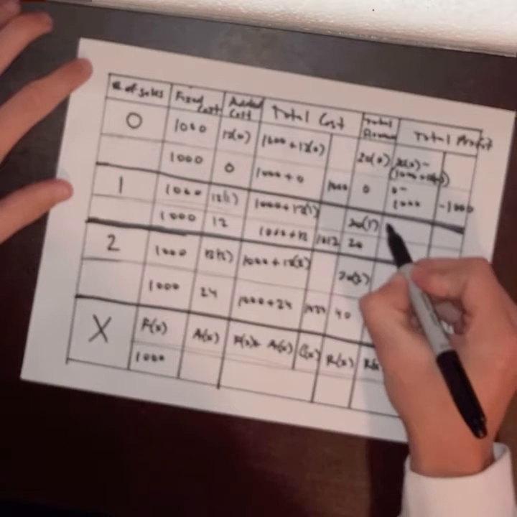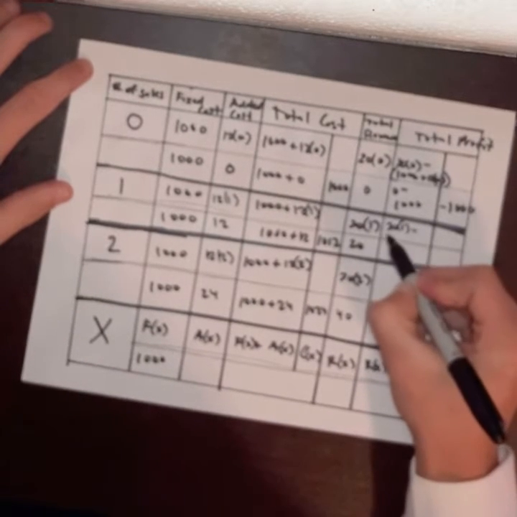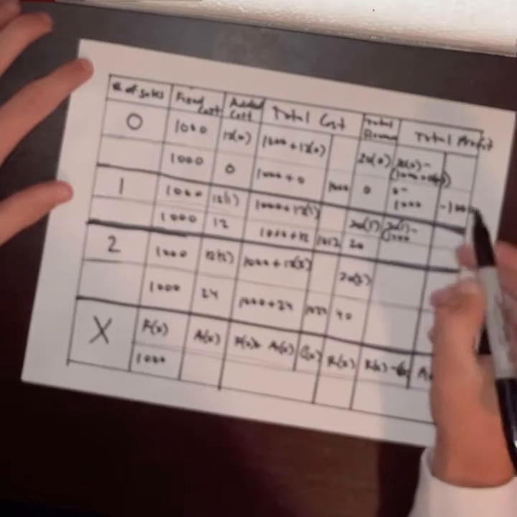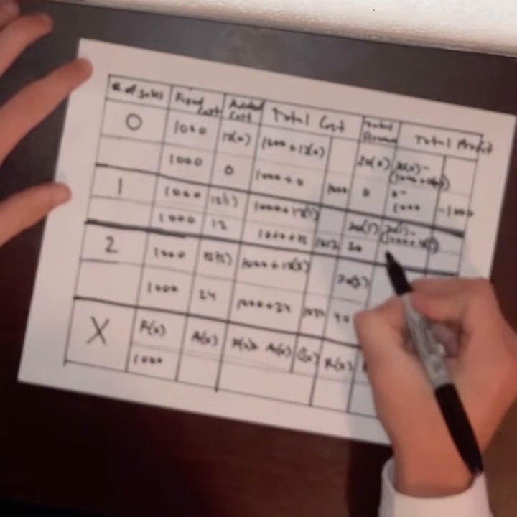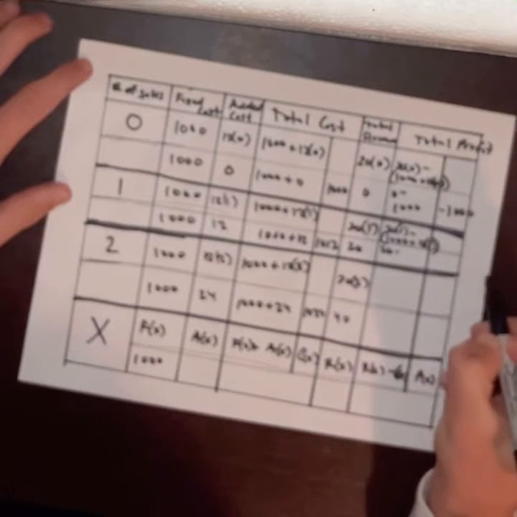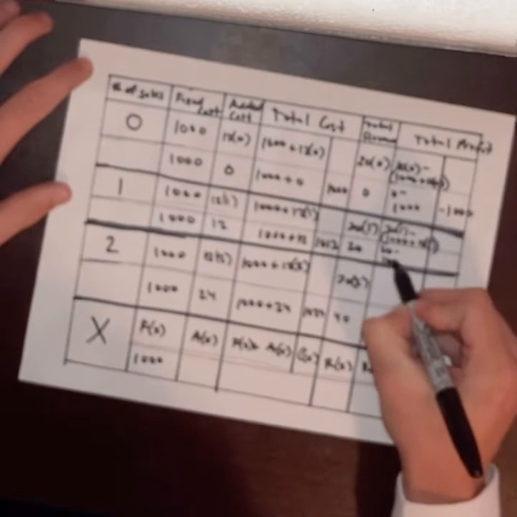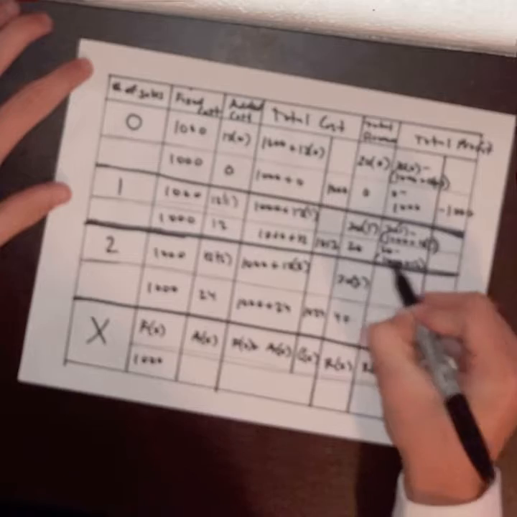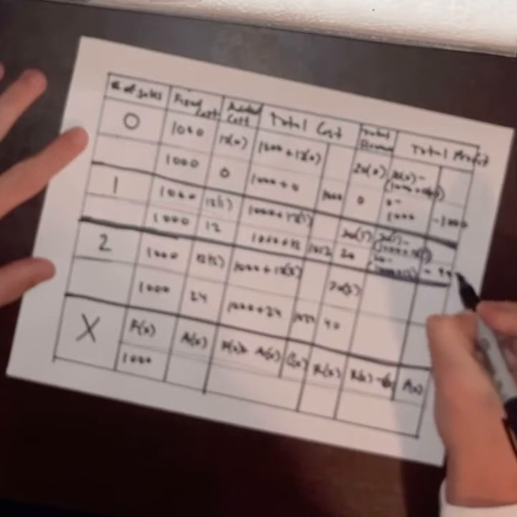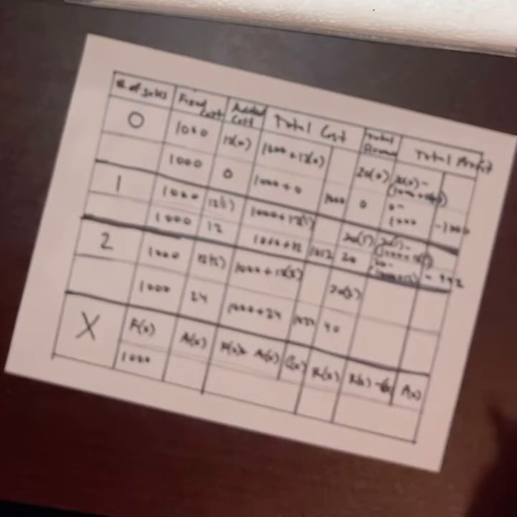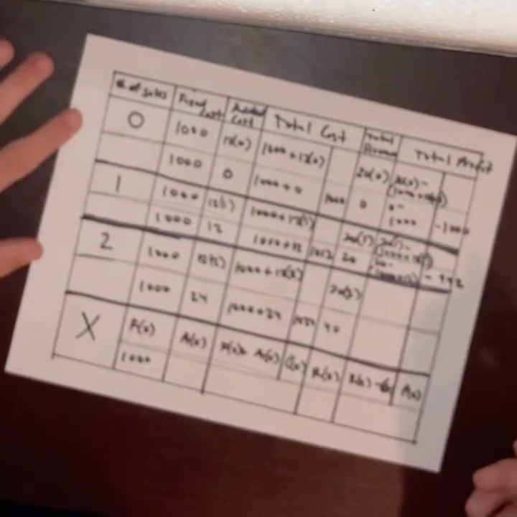So it's going to be 20 of 1 minus, in parentheses, 1,000 plus 12 of 1. That's going to be 20 minus 1,000 plus 12, so 1,012, and that's going to equal negative 992. So I'm making $8 every t-shirt I sell until I eventually break even.